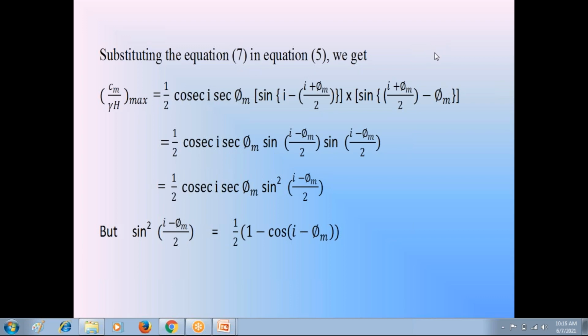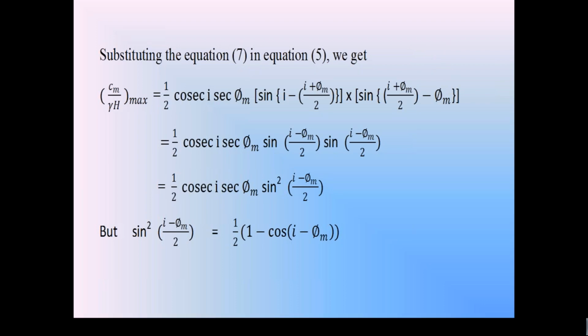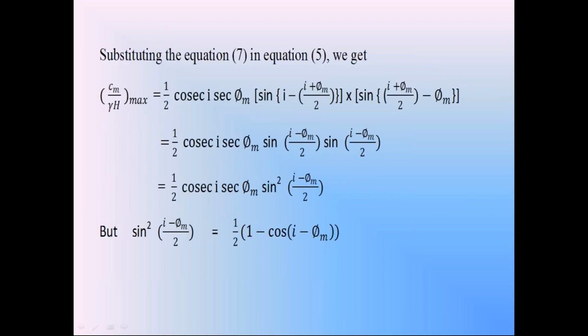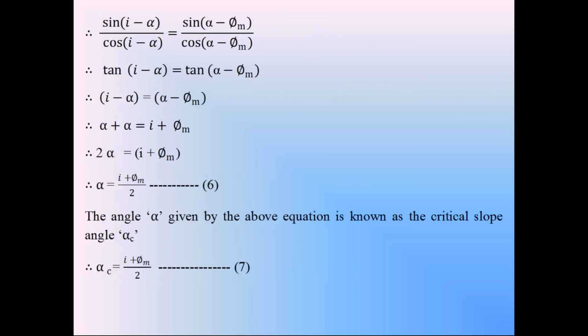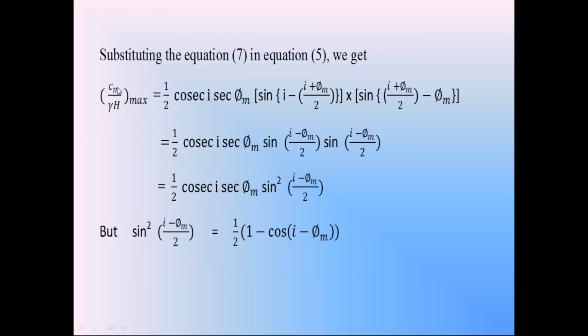So we know the stability number Sn. This is the stability number equation, which we already discussed. Here alpha at the maximum condition is I plus phi m by 2. Substitute that alpha on the right hand side in equation 5 to get the maximum condition of the stability number.